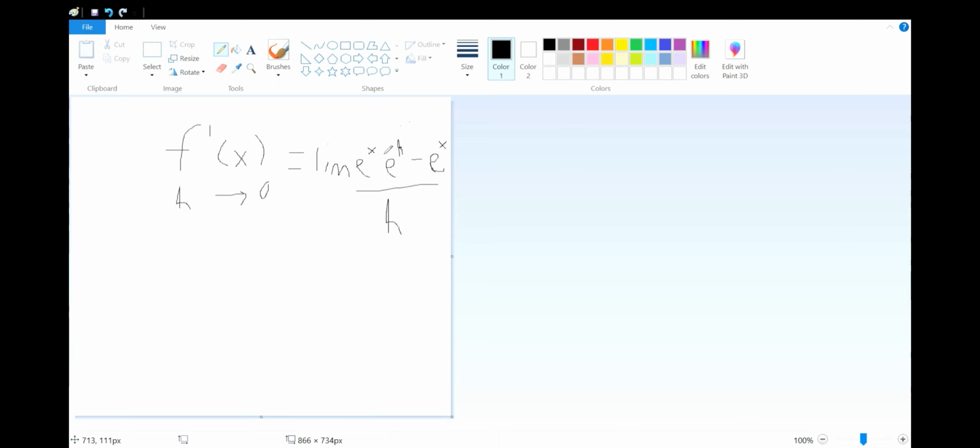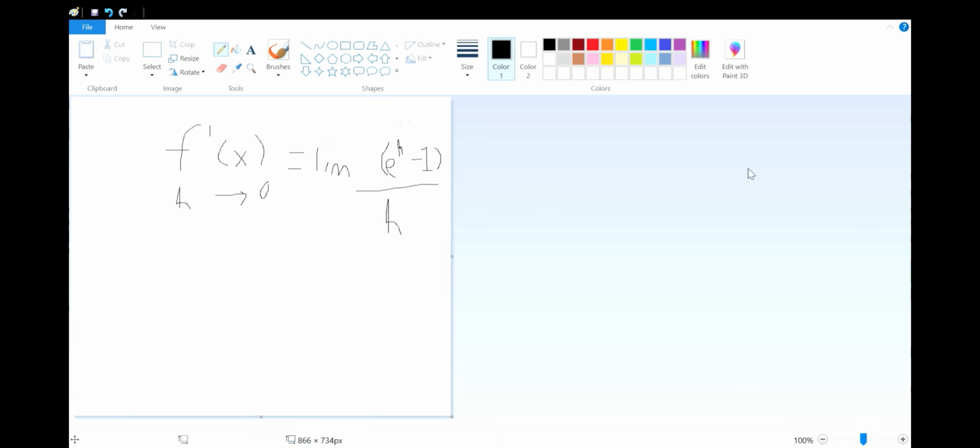So we can rewrite this as e to the power of x times e to the power of h minus 1. And since we are differentiating with respect to h, we can get rid of e to the power of x and treat it as a constant. So the limit now becomes e to the power of h minus 1 over h.